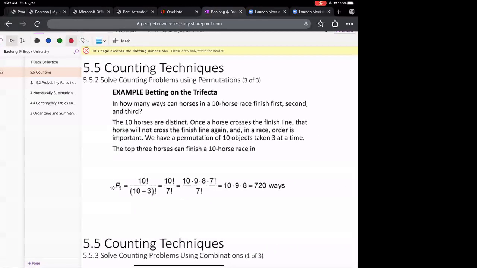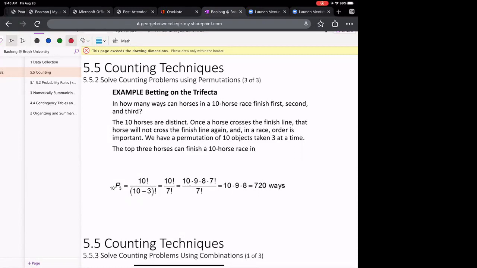Let's take a look at an example. How many ways can horses in a 10-horse race finish first, second, and third? First, we want to make sure the 10 horses are distinct. Once a horse crosses the finish line, that horse will not cross the finish line again.